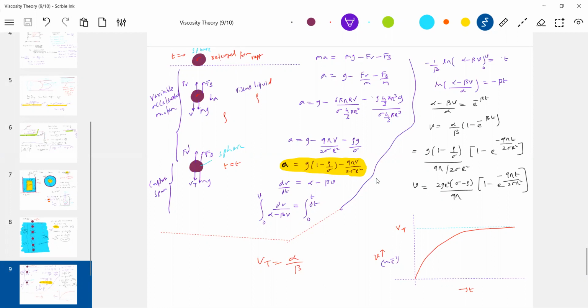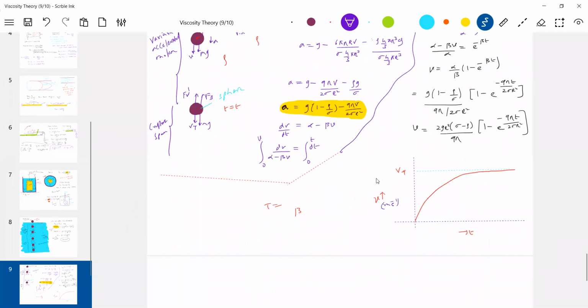These are some graphical questions they'll ask you, like V as a function of time, then acceleration as a function of speed. VT is called the terminal velocity. Acceleration as a function of speed: initially it will be equal to g, no?